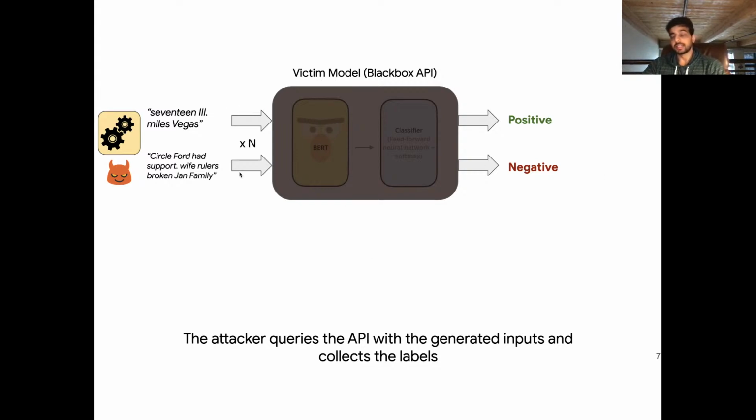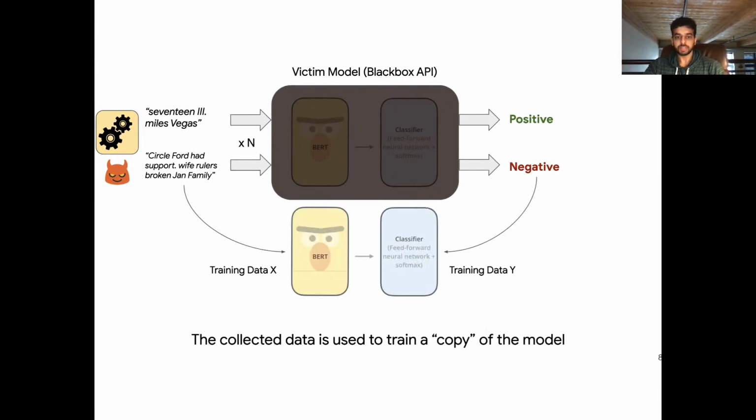I can submit as many of these queries as I want, using whatever process I want to generate these inputs that I send over to the model, and I'm collecting the corresponding label for each query. So in the end, I get a set of gibberish sentences paired with what the victim model predicted for each of them.